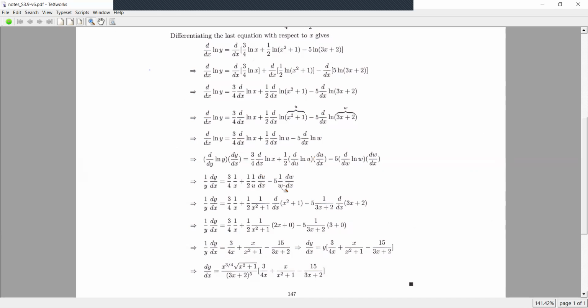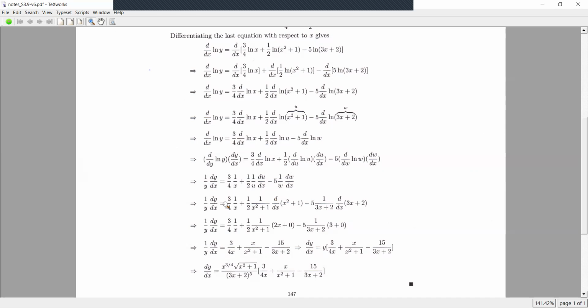Now, plug in, remove u and w. u is x squared plus 1. Plug in x squared plus 1 for the u here. And plug in 3x plus 2 for the w here.